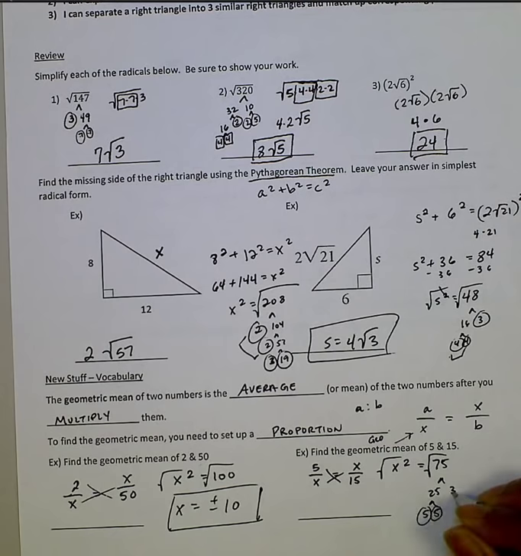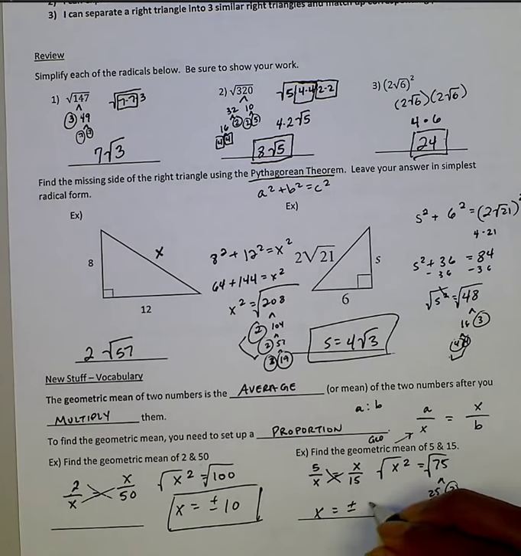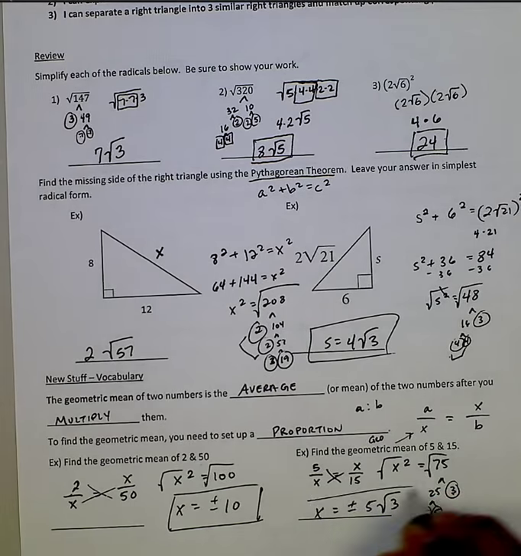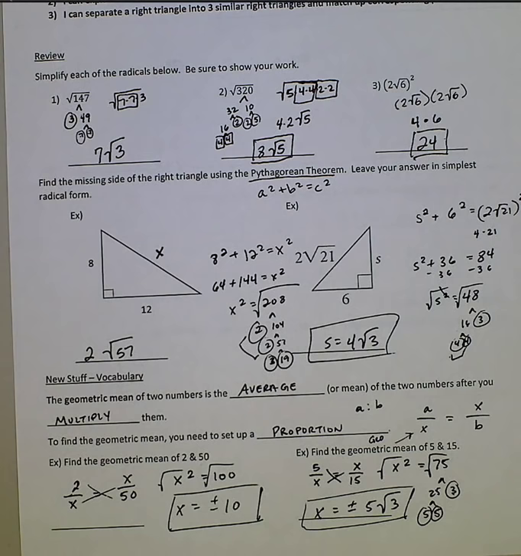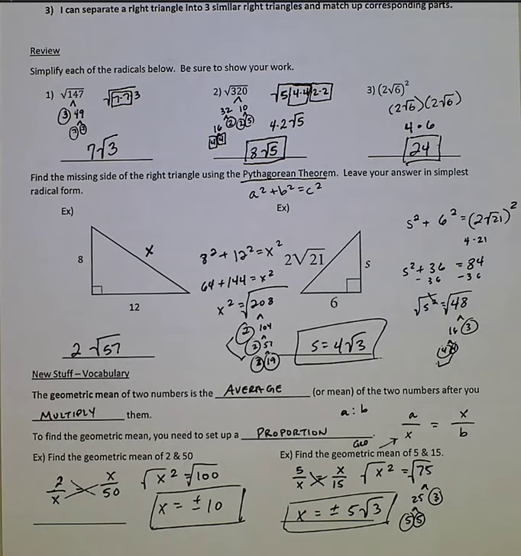So then we find that x is plus or minus 5 radical 3. Again, if we're ever finding the length or a measurement of a side, then the negative answer doesn't make sense. But if we're just finding the geometric mean, the number, then the negative answer does make sense.